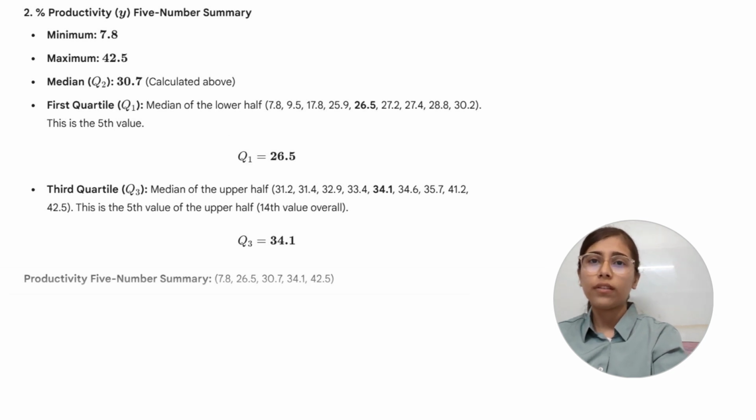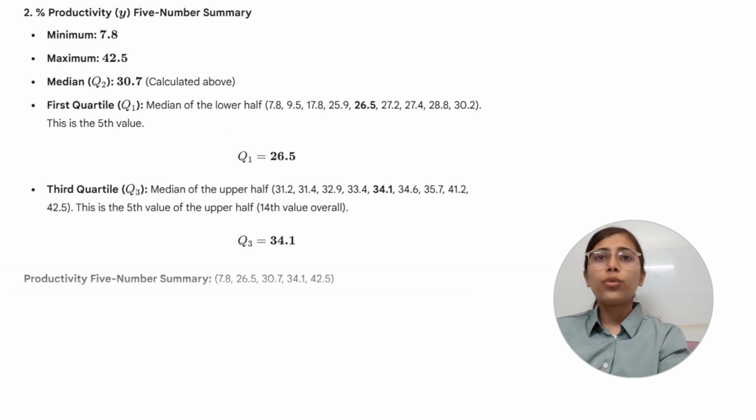So the 5-number summary for the productivity column is 7.8, 26.5, 30.7, 34.1 and 42.5: the minimum value 7.8, the maximum 42.5, median 30.7, first quartile 26.5 and third quartile 34.1. So we have calculated the 5-number summary for both columns.